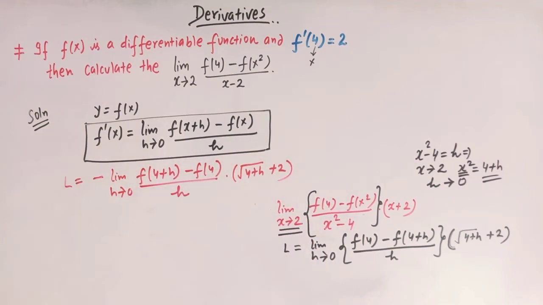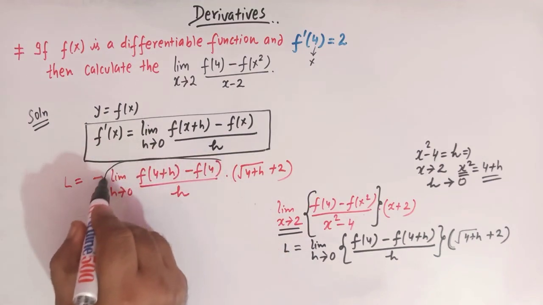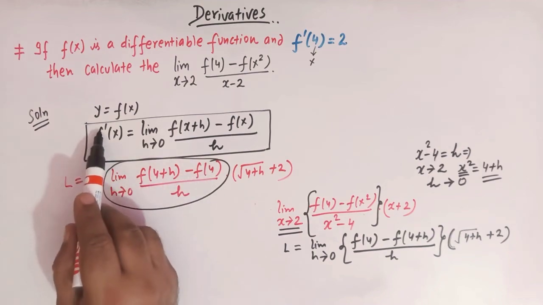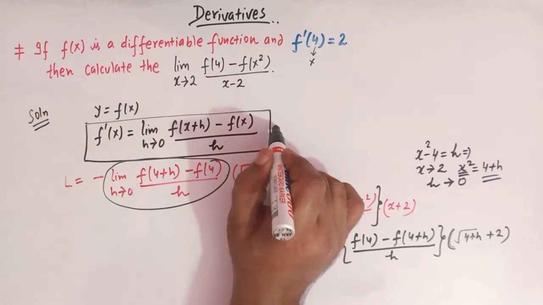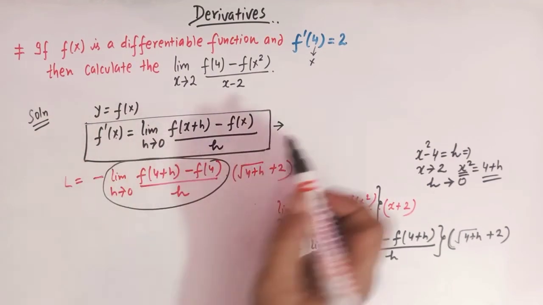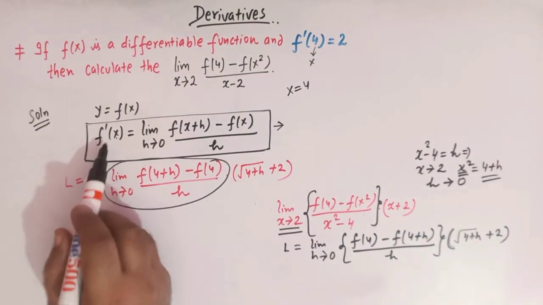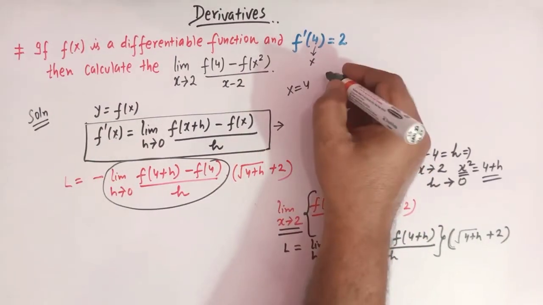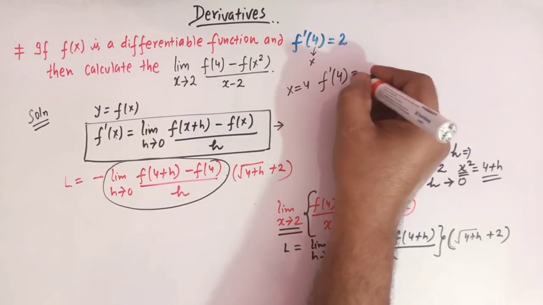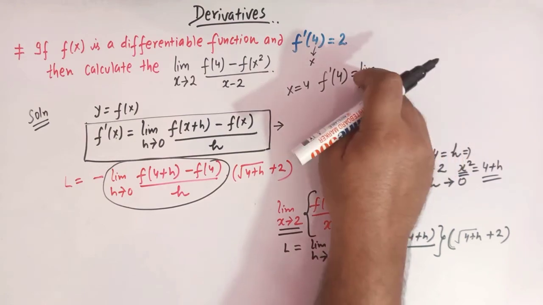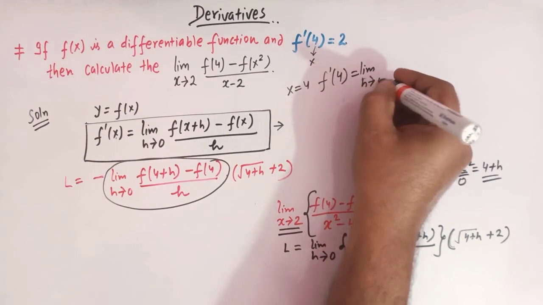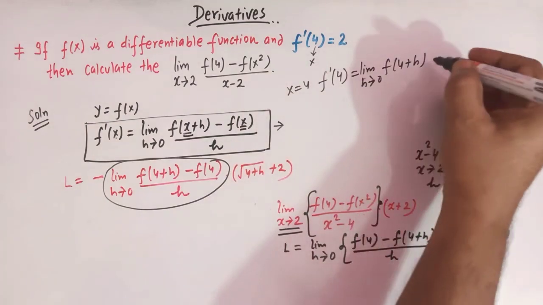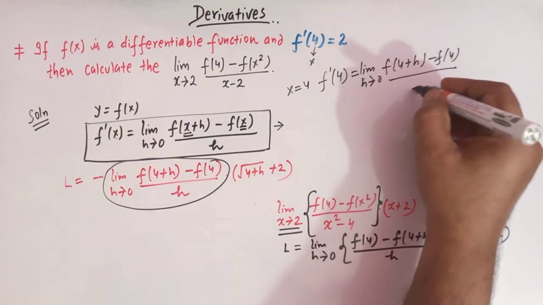Now when we look at this expression, we see that this is nothing but f prime of 4. Why? If we take x equal to 4 in the definition of the derivative of f of x, then we have f prime of 4 is limit h tends to 0 of f of 4 plus h minus f of 4 divided by h.